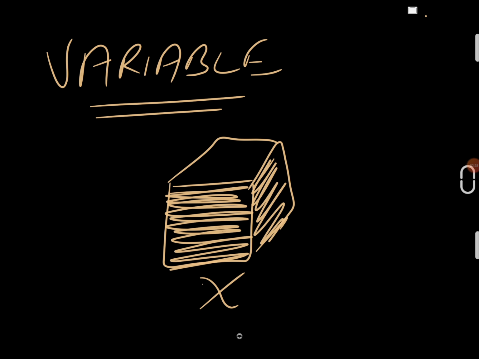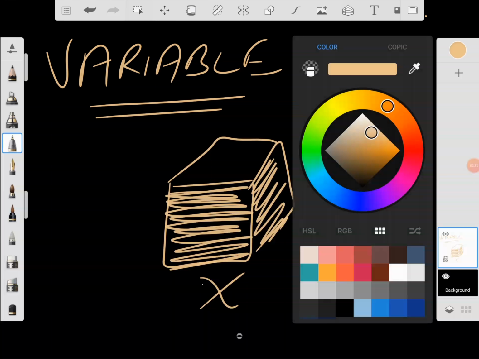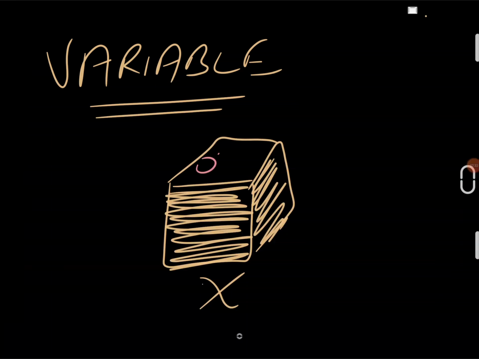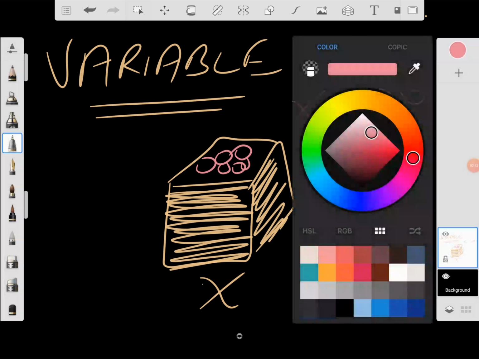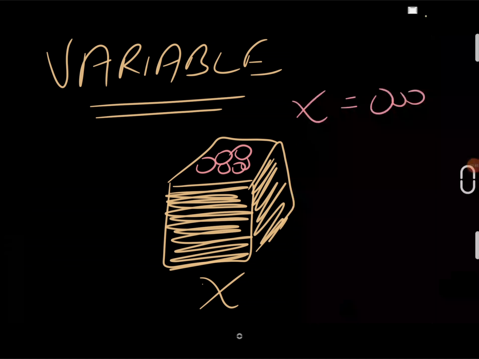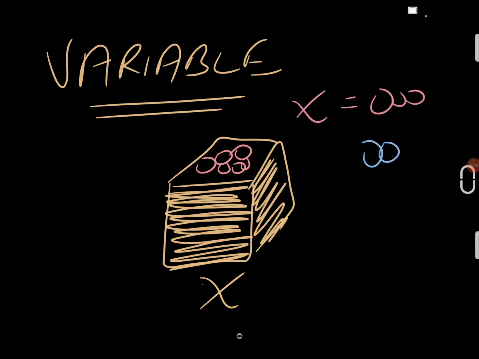For example, if you put these pink balls into the box, then x is equal to the pink balls. If you put blue balls instead of the pink balls, then x is equal to blue balls. So what you put into the box becomes the value of the box, or the name of the box.